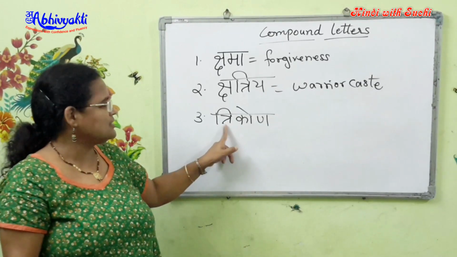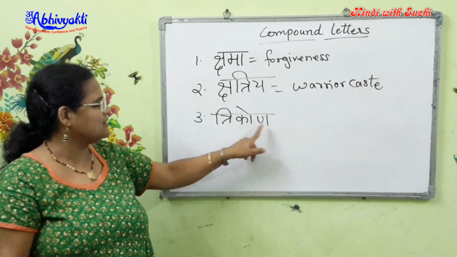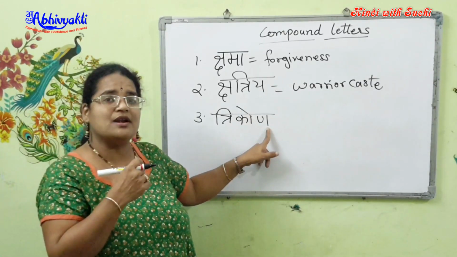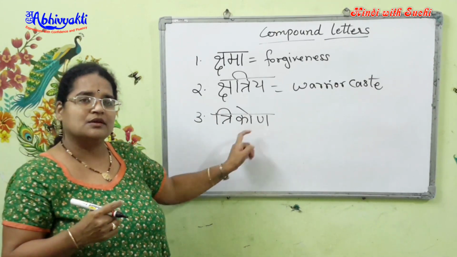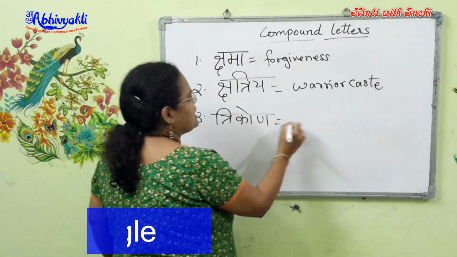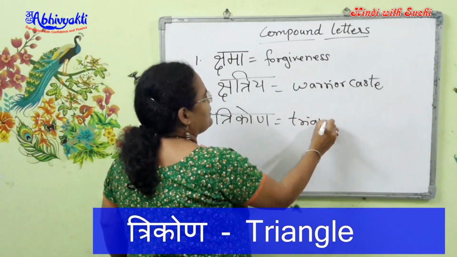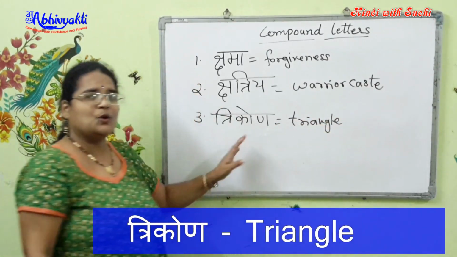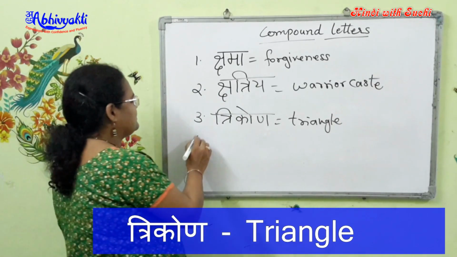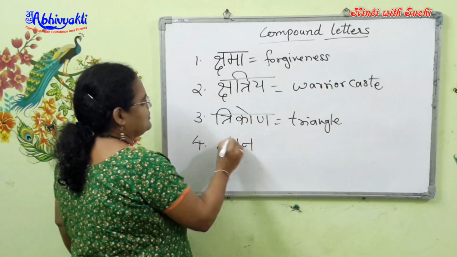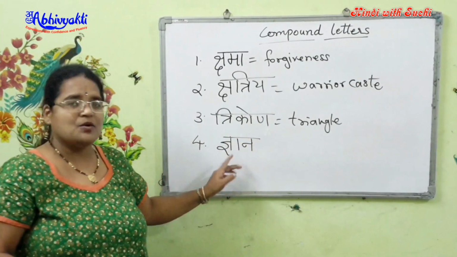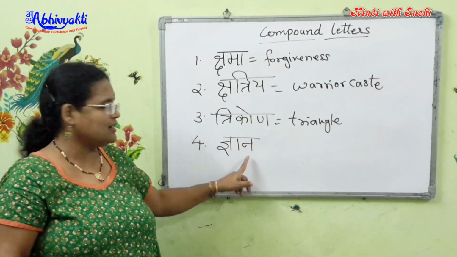Now I have again the tra with e matra, ka with o matra and the retroflex n. So na. Your tongue is inside. Trikona. Trikon means a triangle. Now I have the gnya with a matra and na.